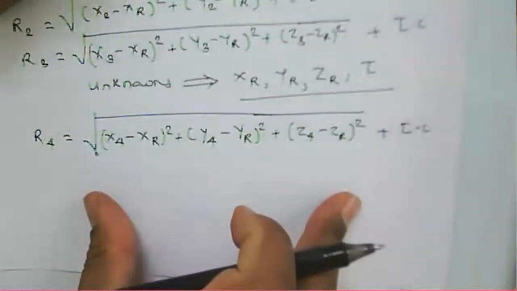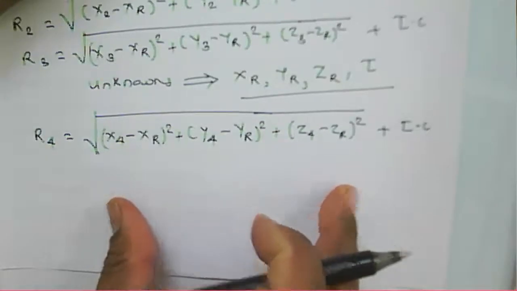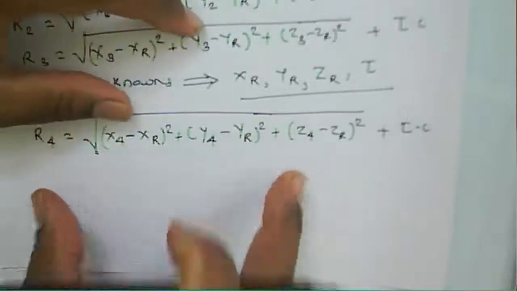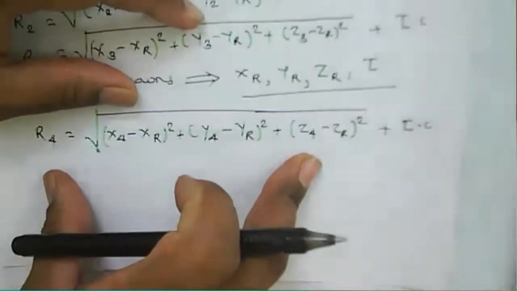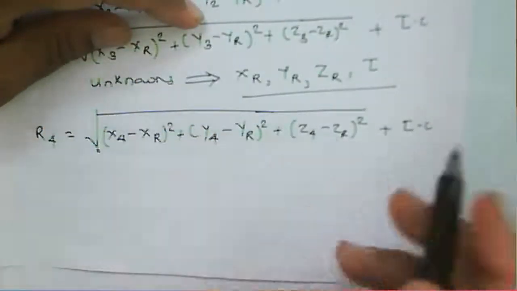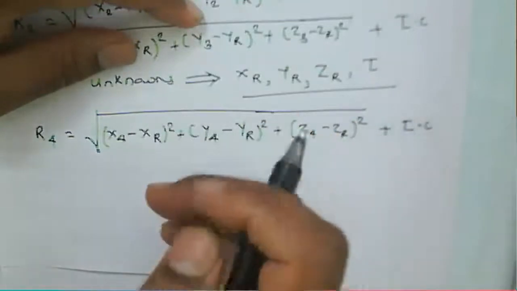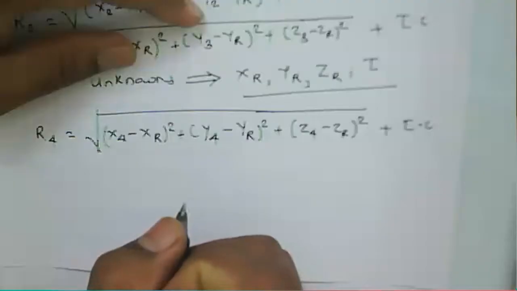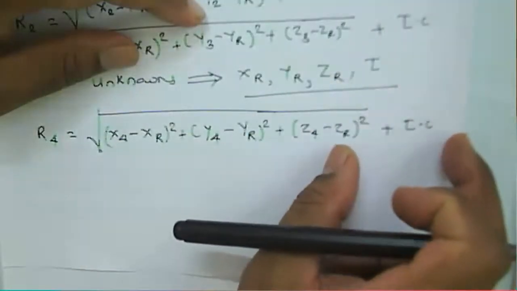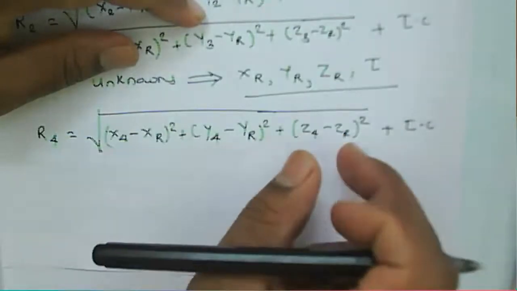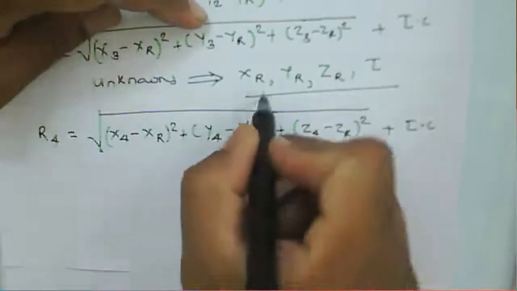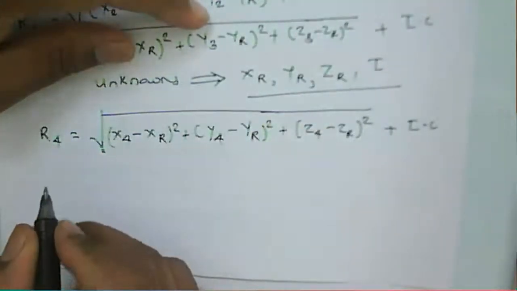So that is about the fourth satellite, and we can obtain the range of that fourth satellite. With the help of these four satellites, the receiver can obtain XR, YR, and ZR, even if there is a small offset error in the clock source.